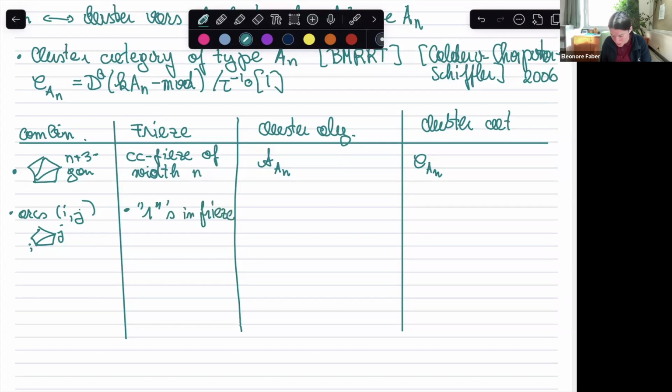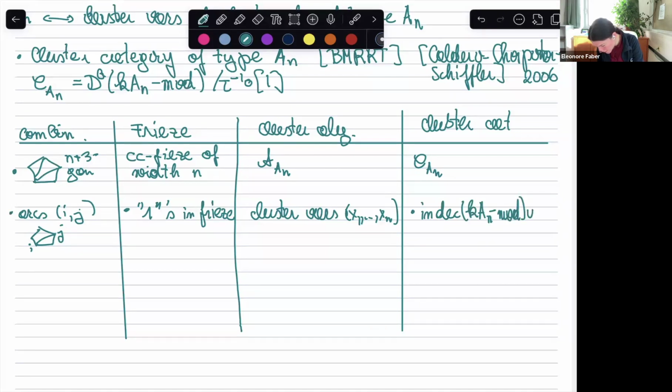And this corresponds to the cluster variables, x1 up to xn. So we have exactly n of them. And this corresponds to the indecomposable modules in the module category of KAn. And then we have the shifts of the projectives. So these are the objects here. And then the triangulation.